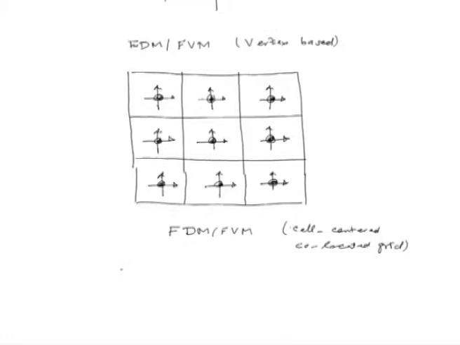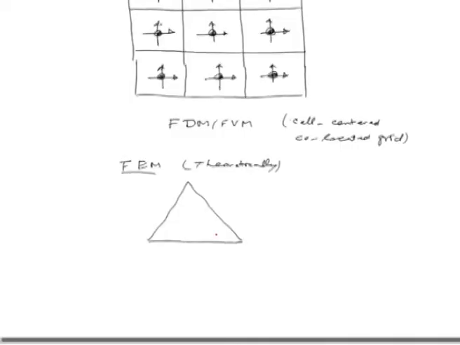Theoretically, for finite element, suppose we have triangular elements, in theory the scalars will also be defined here and our velocity components will also be defined at these nodes.